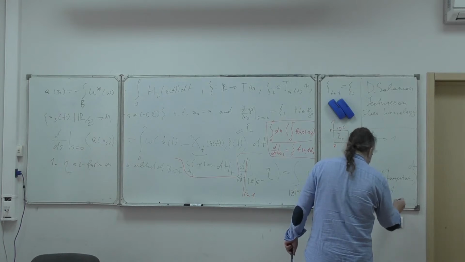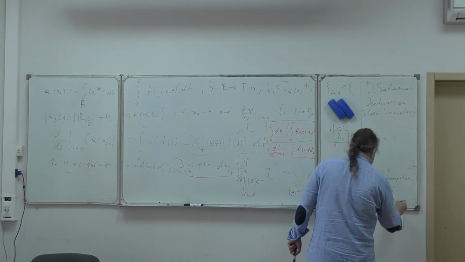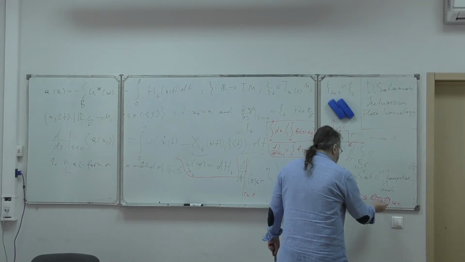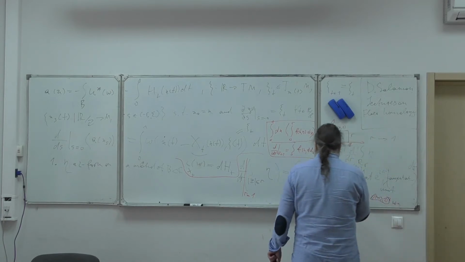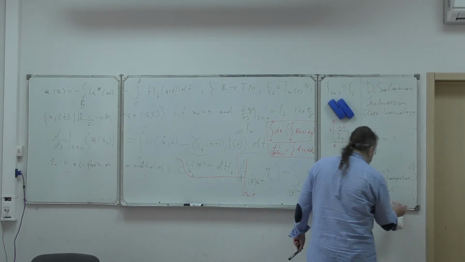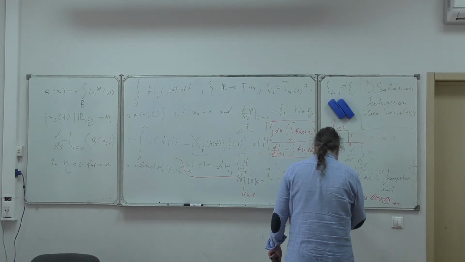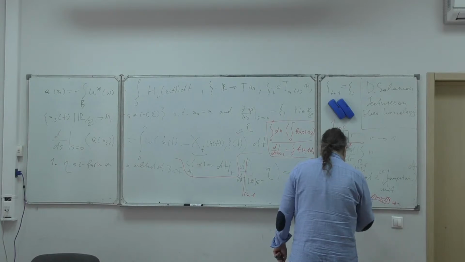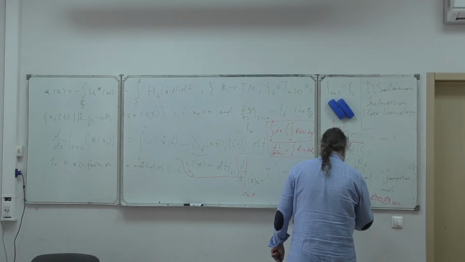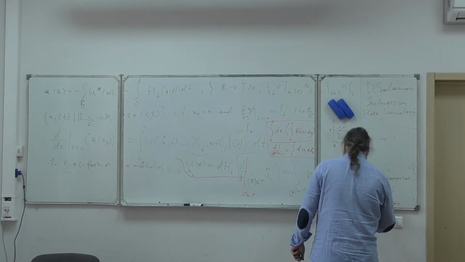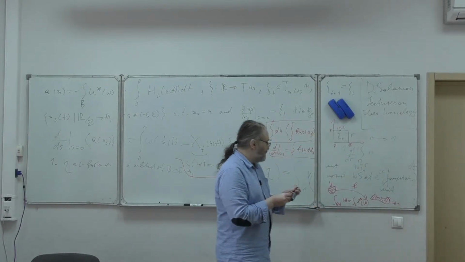Let me call this form omega. The integral of omega along f of v is the same as the integral of the pullback of omega along v.